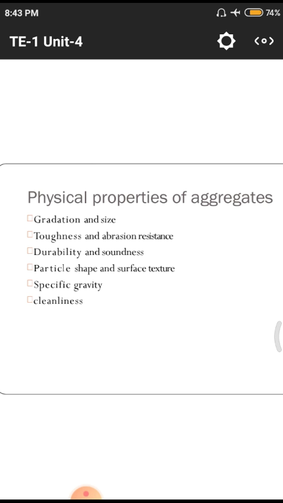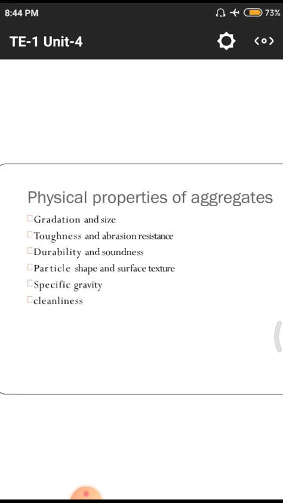In the case of aggregates, the gradation is done according to their sizes. That means the size of the particles. All particles having 40 mm is one gradation. All particles having 20 mm is another gradation. Likewise, aggregates have different grades according to the size of the particles.